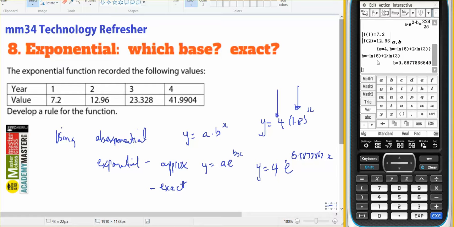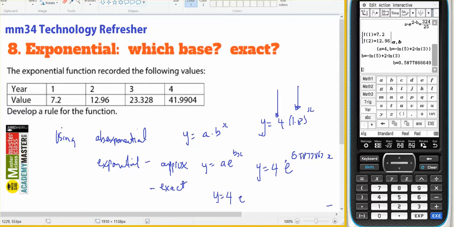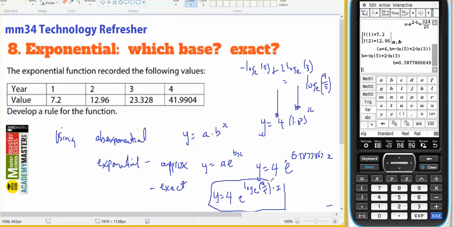So in actual fact, b, if I was to use the exact notation, y equals 4e to the, what have I got? b is minus log base e of 5 plus 2 log base e of 3, which equals log base e of 9 on 5. So I've got log base e of 9 on 5 times x. That's the exact value.